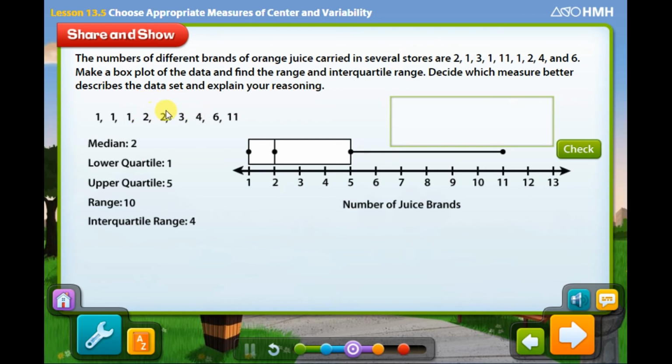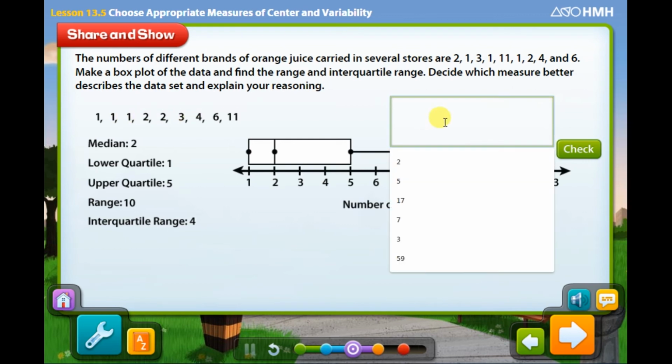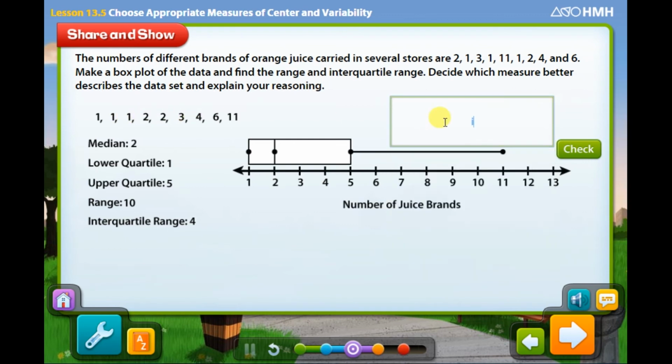That's why the interquartile range is the best range to describe this set of data. Because it is 5 minus 1, the 2 numbers are in the center of the data. So it is the interquartile range.